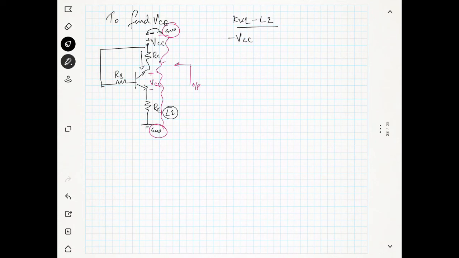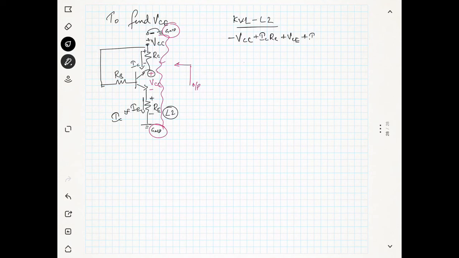You know the current IC is going down, so here plus and minus, so plus IC RC, and you can see this is plus along VCE, so it is plus VCE. The current is going down and it is IE, but IE is approximately equal to IC, right?